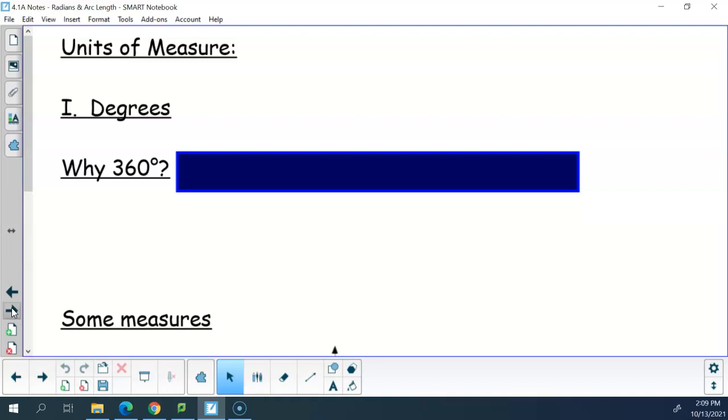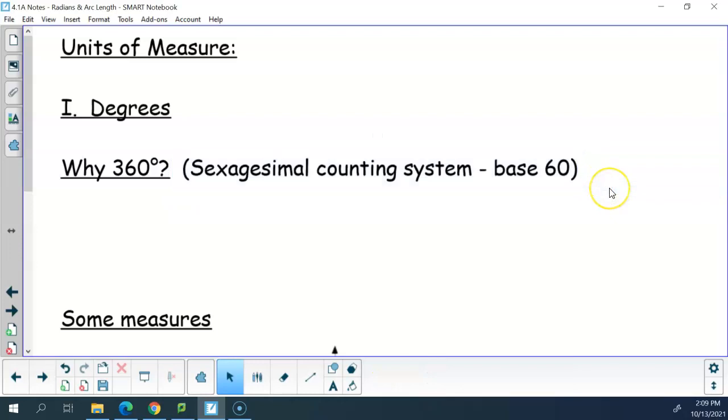Okay? And why did they choose 360 degrees? The long answer is it's the sexagesimal counting system with base 60.